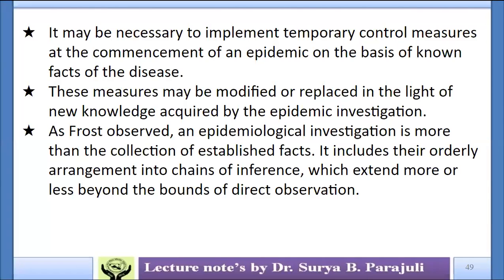An epidemiological investigation is more than the collection of facts. Just collecting data is not enough. For epidemiological investigation, you need to build a chain of inferences which extends beyond the bounds of your direct observation.